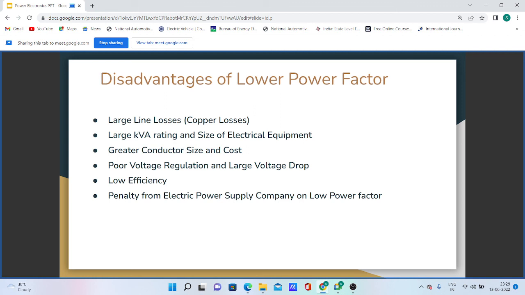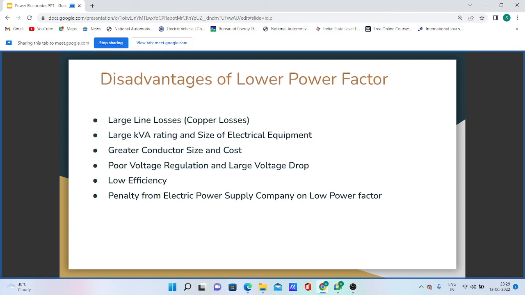As we know, almost all electric machinery like transformers, alternators, and switchgear etc. are rated in kilovolt-amperes, and it is clear that the power factor is inversely proportional to the kilovolt-ampere.